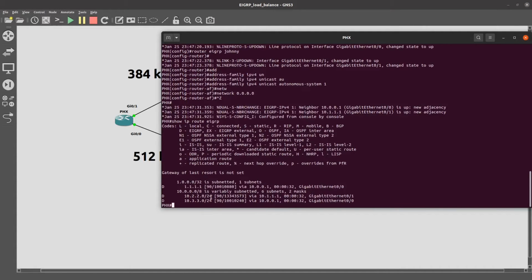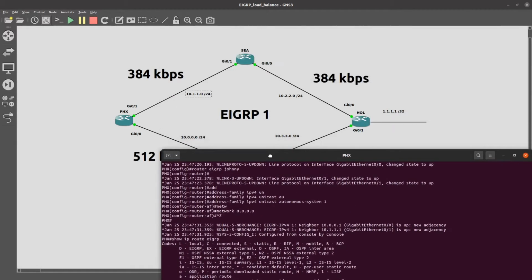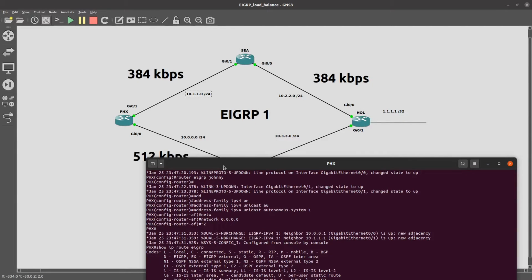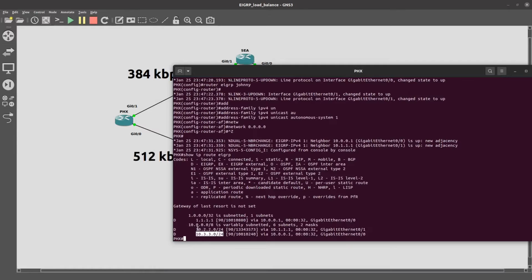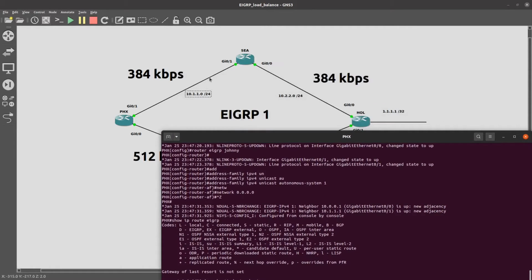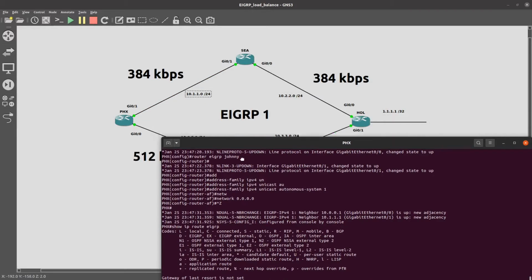Okay. So as you can see here, the 10.3.3 network, we're learning via here. The 10.2.2 network, we're learning via this one. And that makes sense, right?